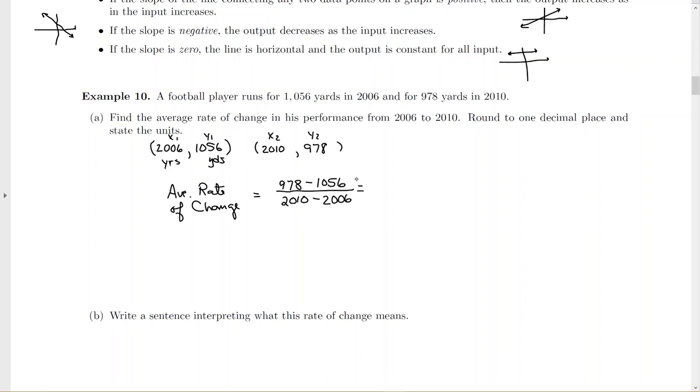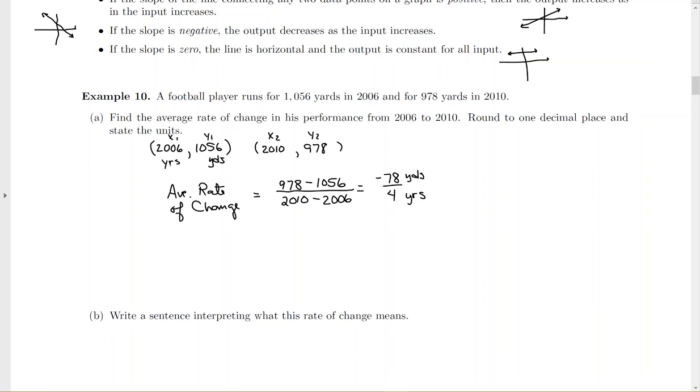So compute the numerator. You should get negative 78 over, and then compute the denominator, 4. Remember, our y values on top were in yards, and our value on the bottom was represented by our years. So right now it's saying that it's negative 78 yards for every 4 years.